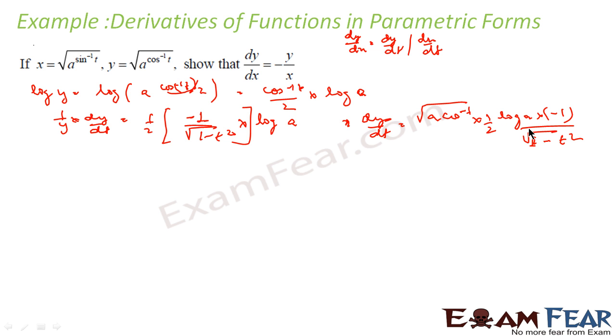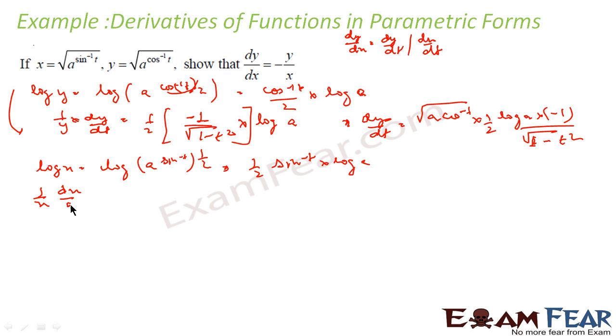Correct? Similarly, I can find dx by dt. Same thing. Log x is equal to log of a to the power sine inverse t by 2, or this is nothing but 1 by 2 sine inverse t log a. So finding dx by dt is very simple. 1 by x dx by dt is nothing but 1 by 2 log a is constant, and sine inverse becomes 1 by root 1 minus t square, sorry.